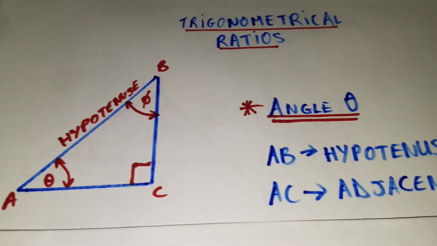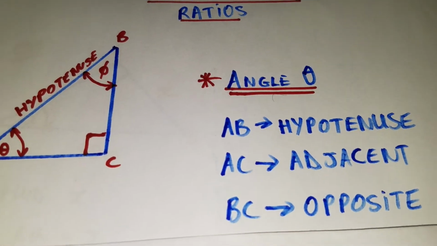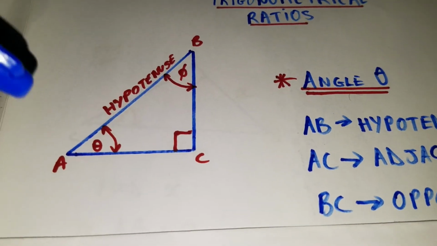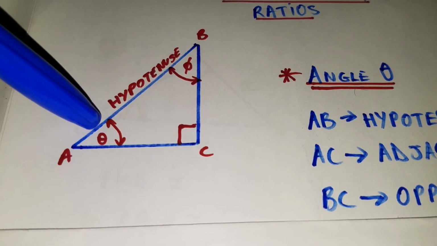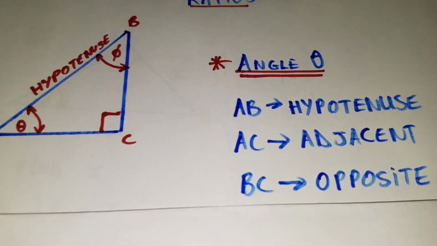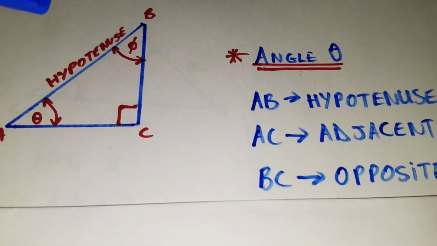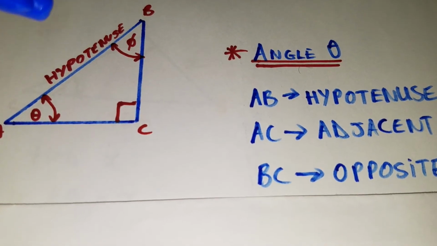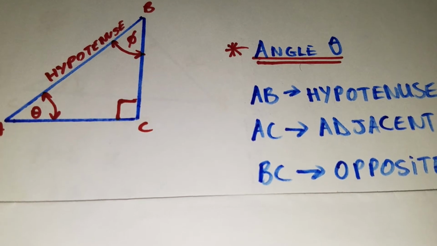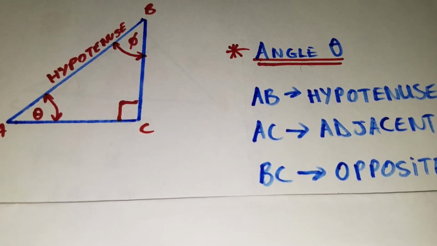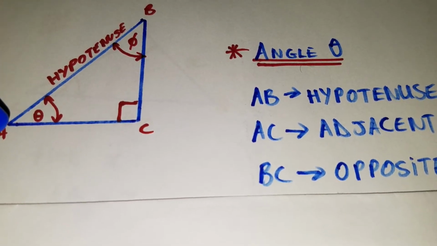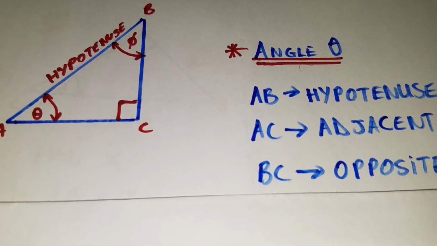When we're dealing with the trig ratios, we are dealing with respect to a specific angle. In this case, let's look at theta, the angle right here. The first thing we have to understand is that the names of the lines will be different regarding the different angles we're dealing with. In theta, one thing that doesn't change is that AB is the hypotenuse at all times.